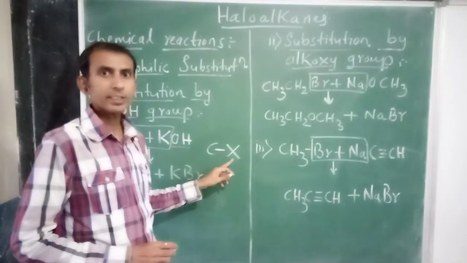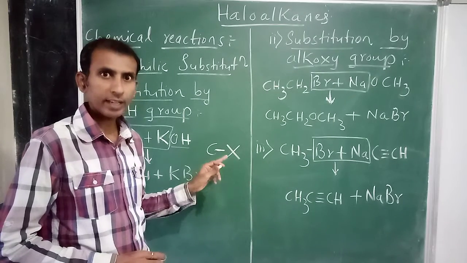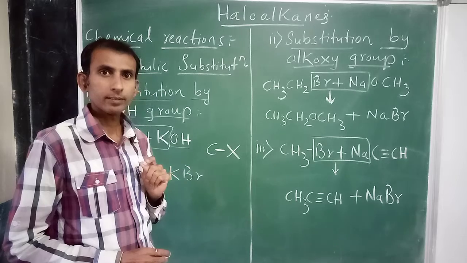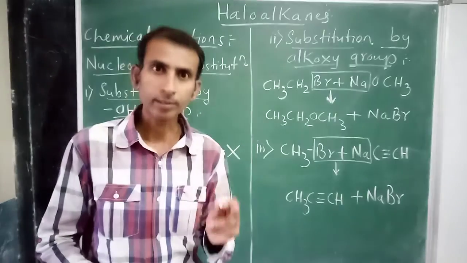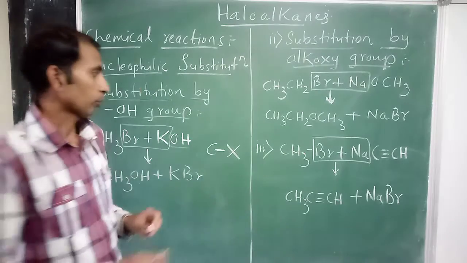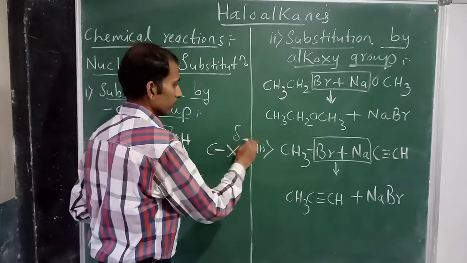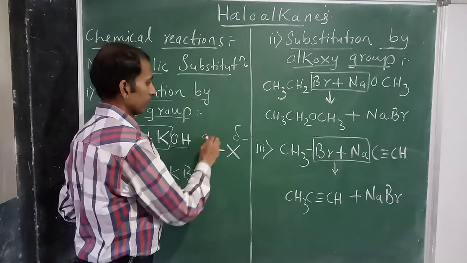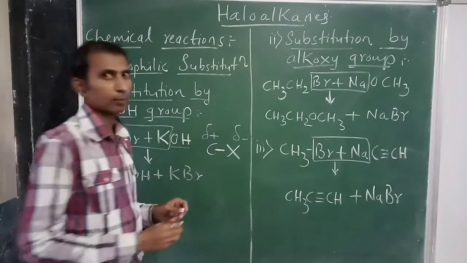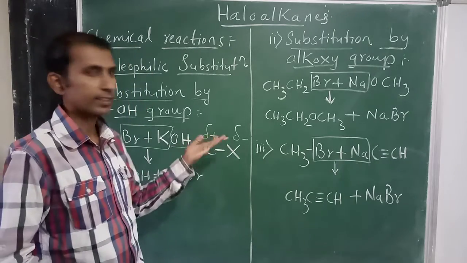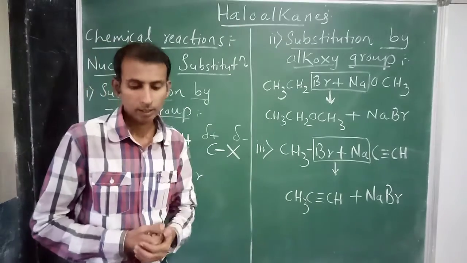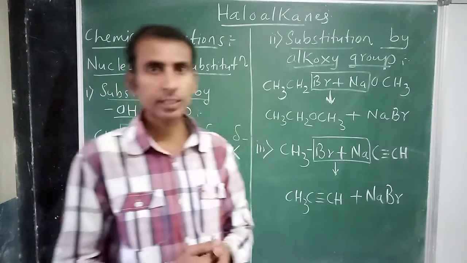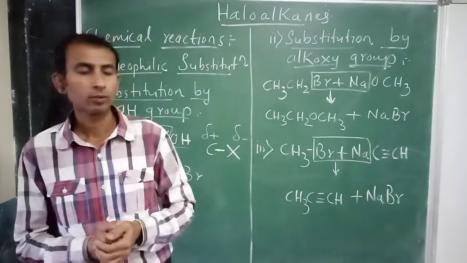Because X is more electronegative than carbon. So negative charge is developed on halogen and positive charge is developed on carbon. And once these charges are developed, the molecule becomes polar. So this give-reason question can be asked in the examination.